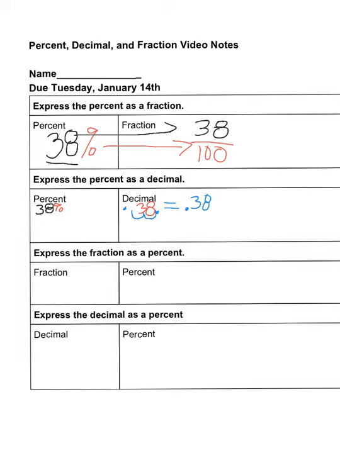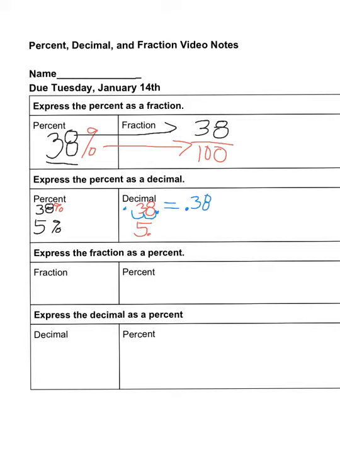Let's try another one. This time we're going to look at 5%. I know that percent means out of 100. The first thing I'm going to do is write my percent, which in this case is 5. I know that my decimal point is always right after the number when I'm looking at this percent, right here.